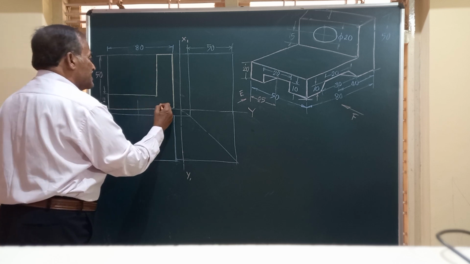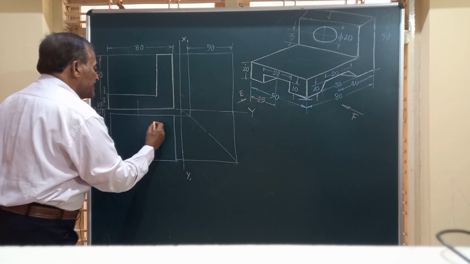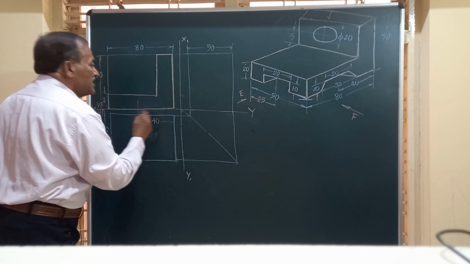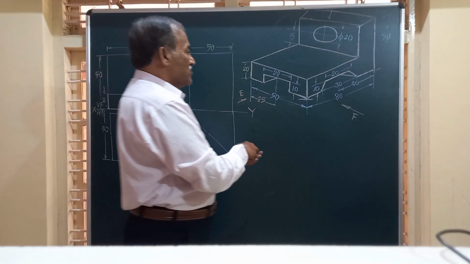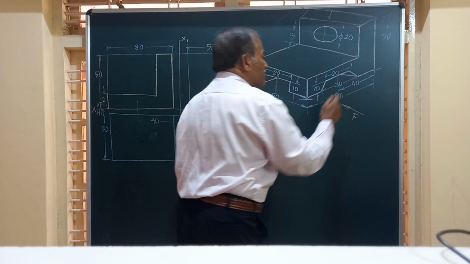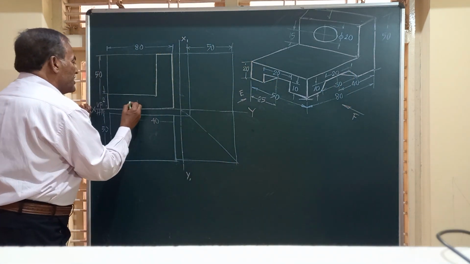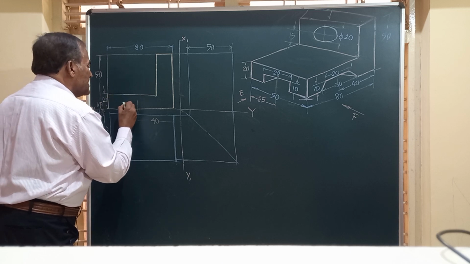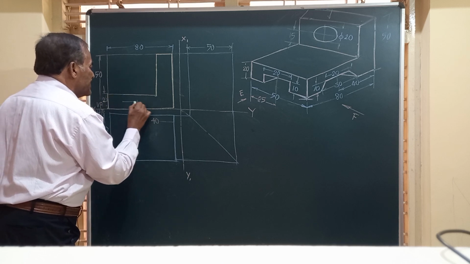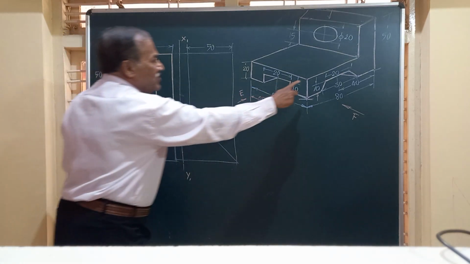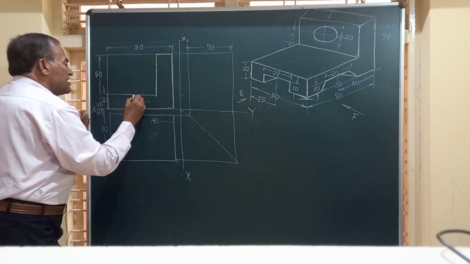That is exactly in the center. I take a distance of 40 millimeter here, and here the slot is visible to us. At the top it is 20, at the bottom it is 30. So I am going to mark a line here at a height of 10 millimeter, and at the top it has a width of 20 mm. That is clearly visible to you.